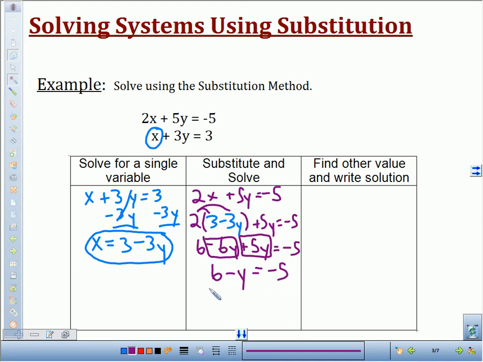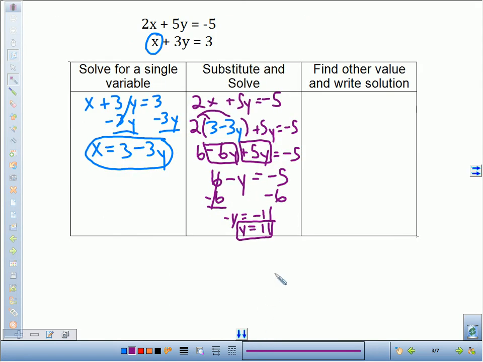I need to solve for y, so I will subtract 6 from both sides. Negative y equals negative 11, so y must equal 11. This thing is kind of in the way, so I'm going to scroll it down. Y equals 11.